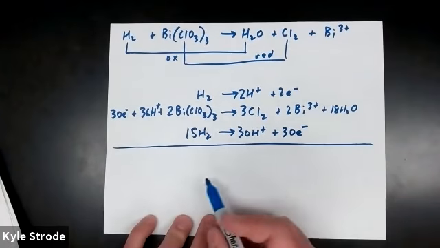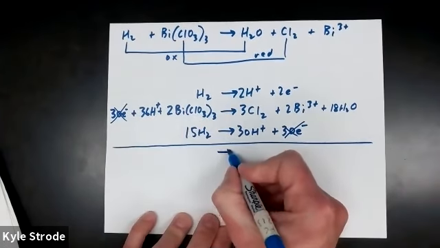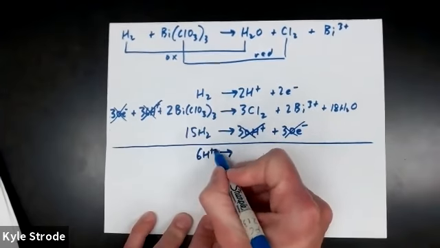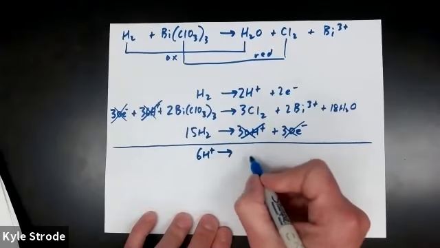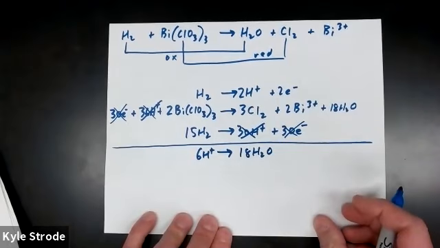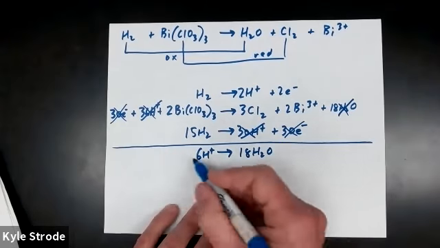So looking at my electrons, they cancel. Looking at my H plus, I've got 30 on the right, 36 on the left, so 6. Looking at my waters, I only have water on the right, so 18 there. Let's see what's next. And I think everything else just comes down.